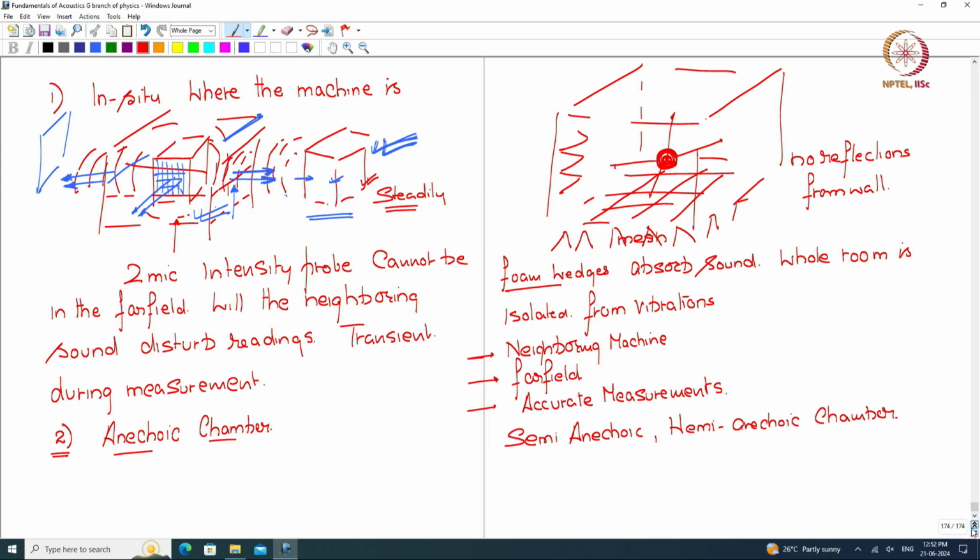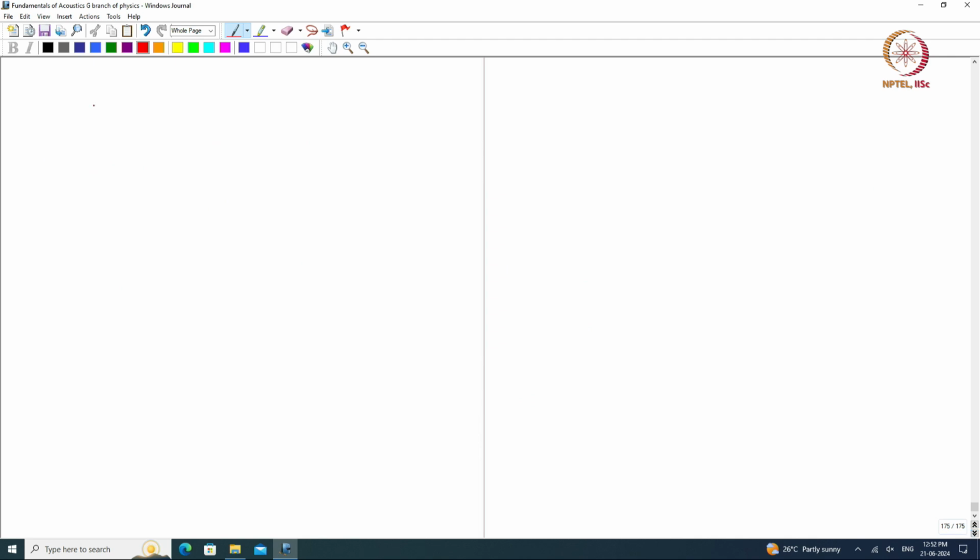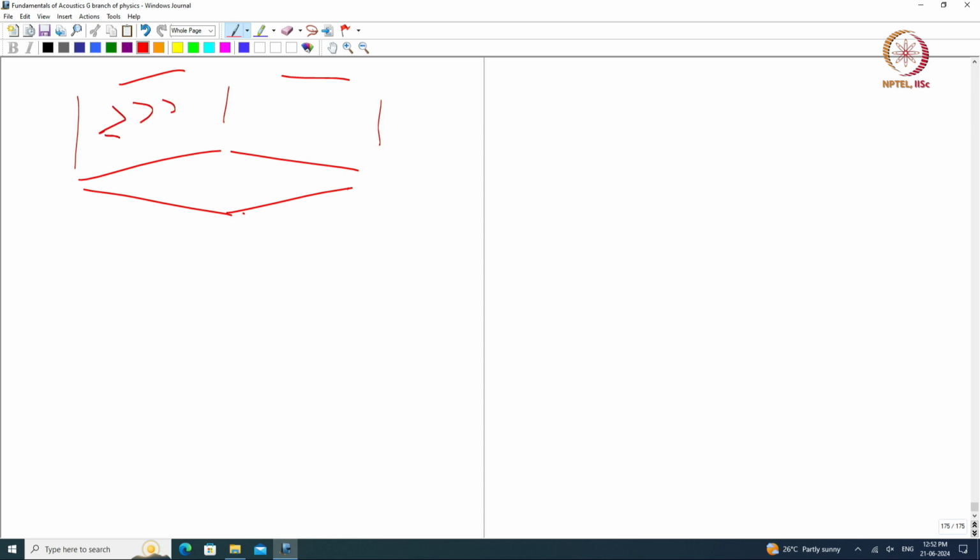What that is, the ground is hard, but the rest of the walls have these sound absorbing anechoic wedges. And this is typically used for reporting sound related to vehicles.